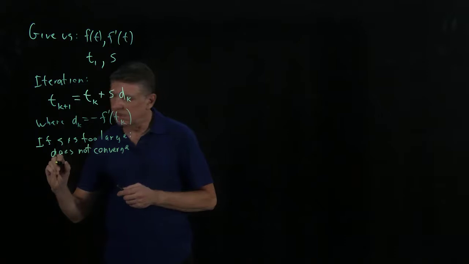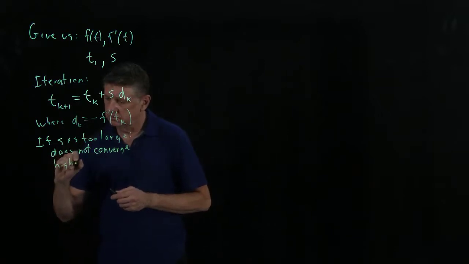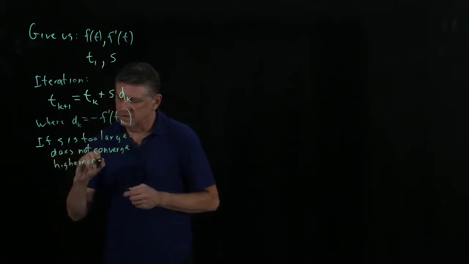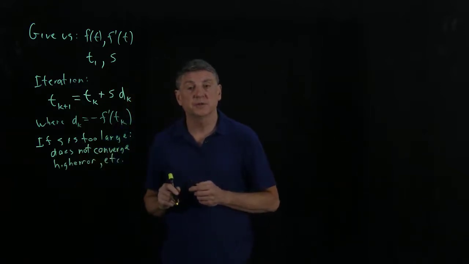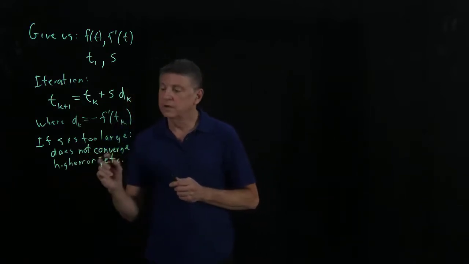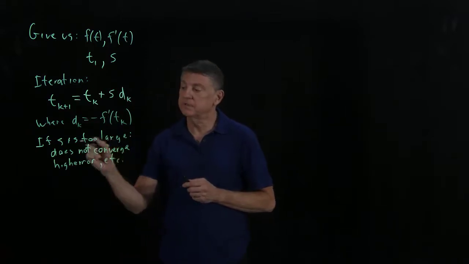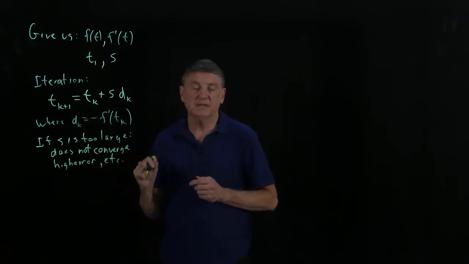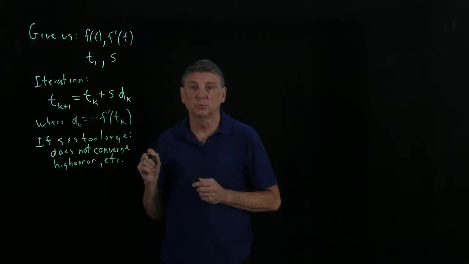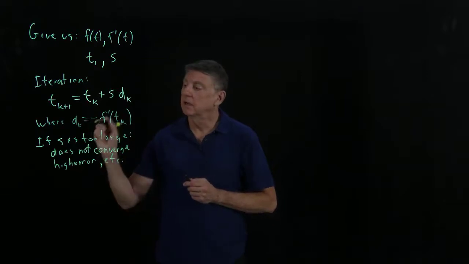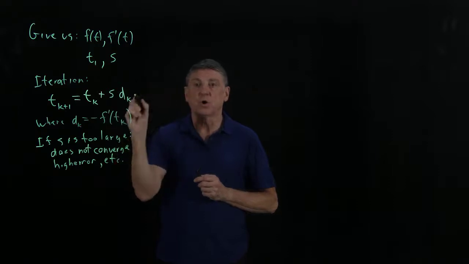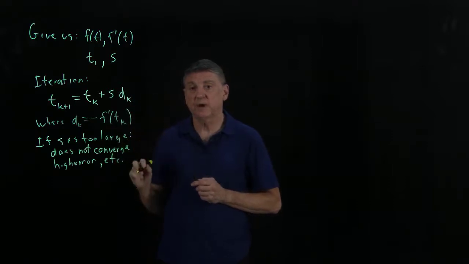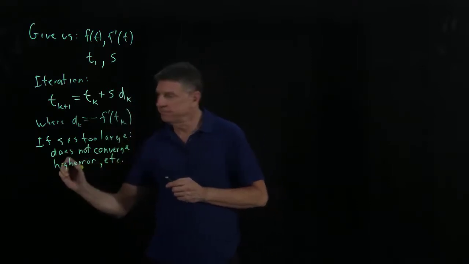We might get high error, and there may be many other things that could happen. One thing that often happens if the step size is too large is that even if there's a single global minimizer, we can see oscillation or hopping as it gradually approaches the minimizer.